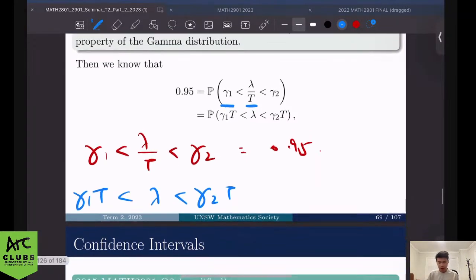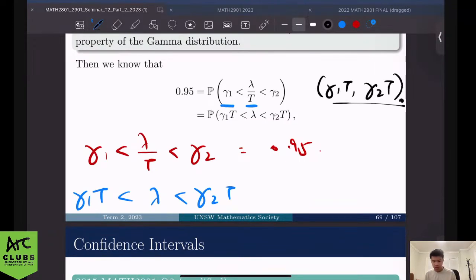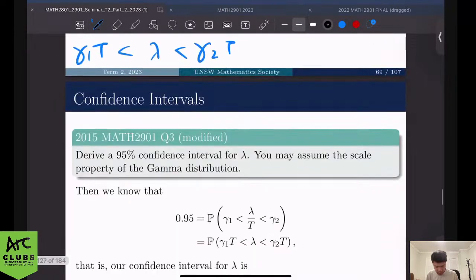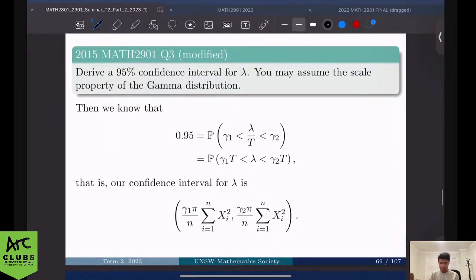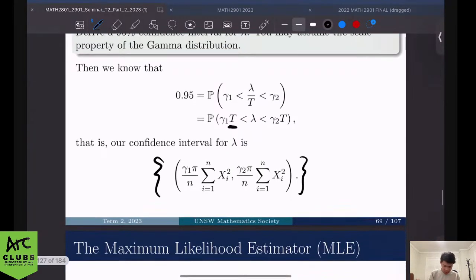Okay, so your confidence interval is now just (gamma 1 T, gamma 2 T). Cool. And you can always just rewrite what T is in terms of what we got before. So, yeah. Sweet. Any questions?